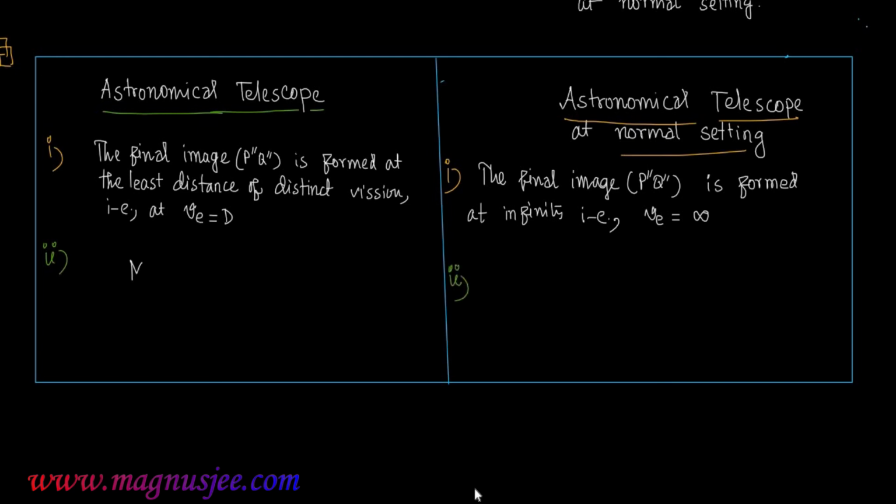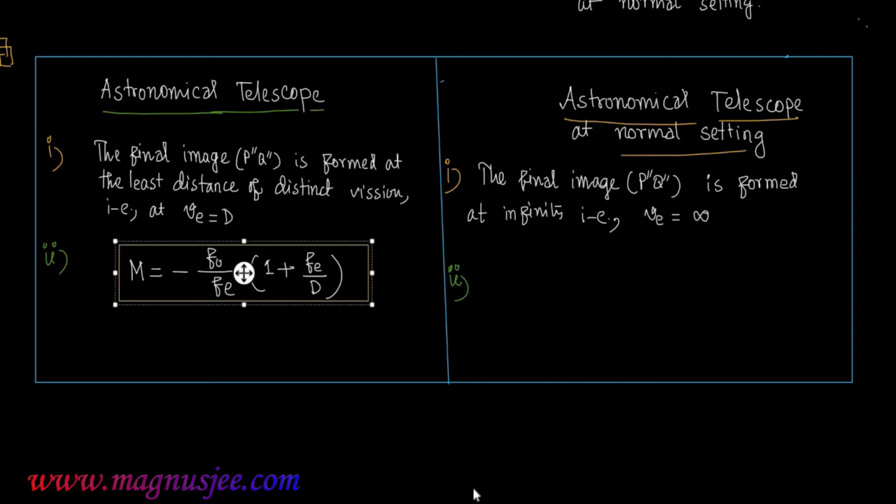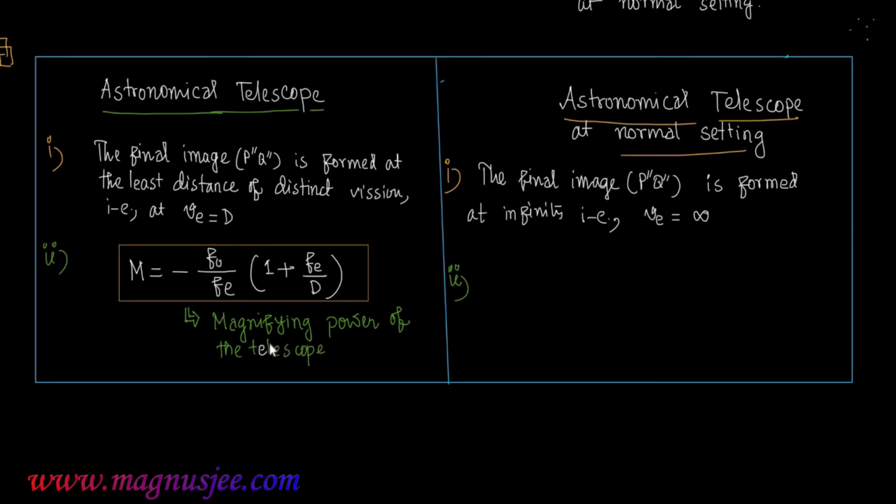Number 2 comparison: M has the expression minus FO by FE into 1 plus FE by D, which is the magnifying power of the astronomical telescope, the maximum magnifying power.